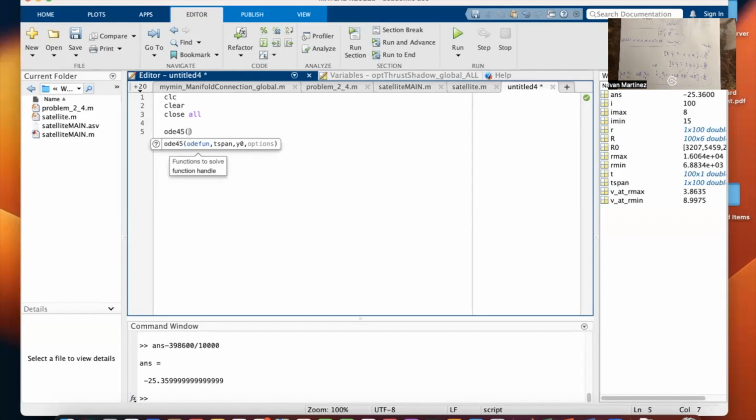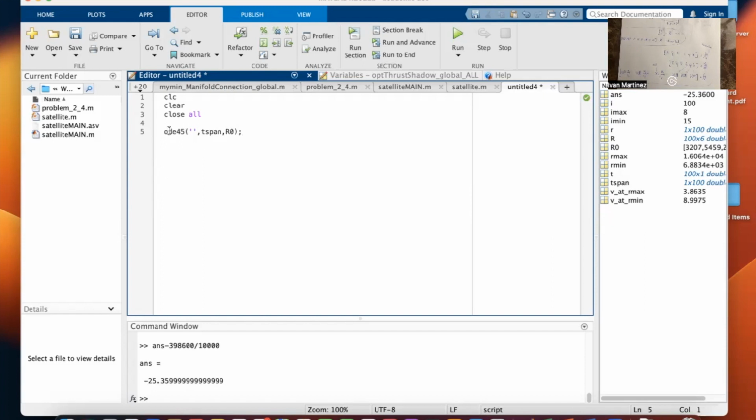How do you use ODE45? We first input the function that we want to integrate, which we haven't done yet. So let's just leave it like that. Then the t-span, so how long you want to integrate the equations. And then the initial position. We've been using R, so let's use R0.